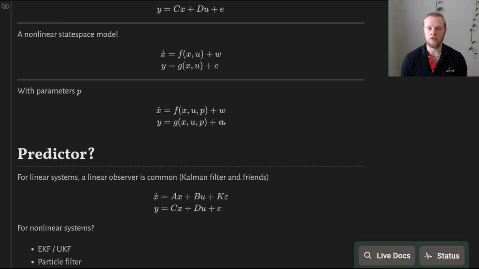If we let that go to infinity, then the larger we make that covariance, the less the predictor will make use of the data. So in the limit of infinite measurement covariance, we approach the simulation model, a model that doesn't make use of any past measurements at all.